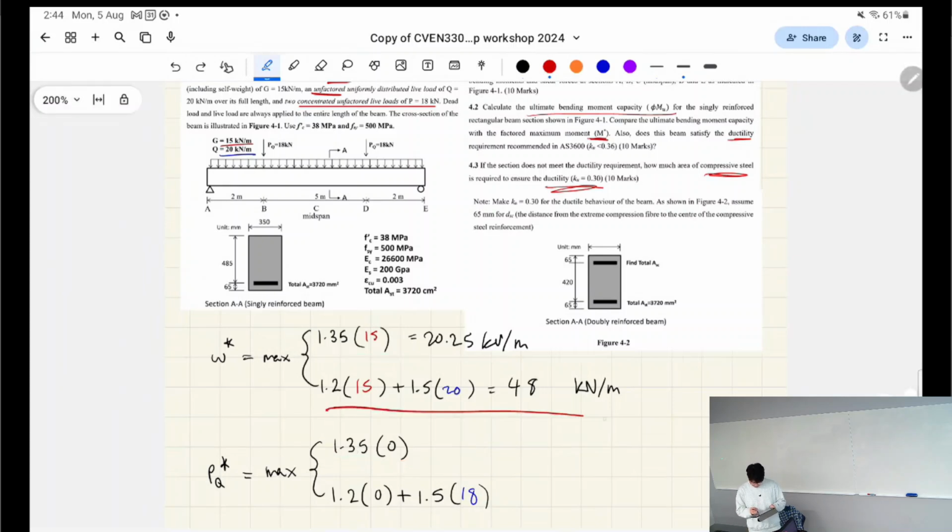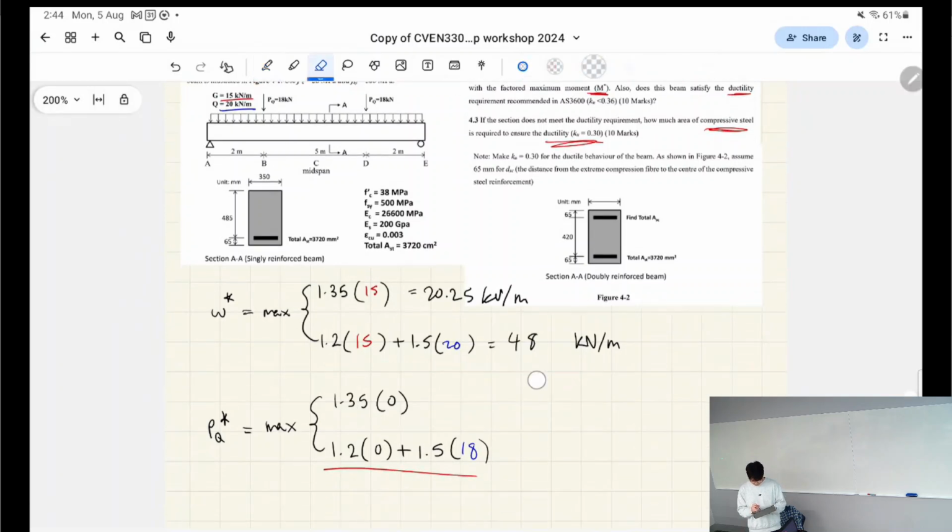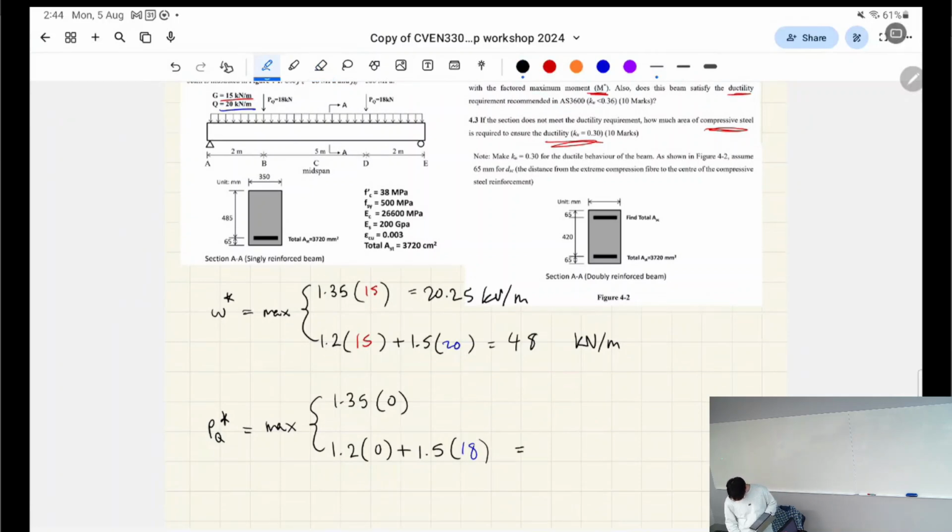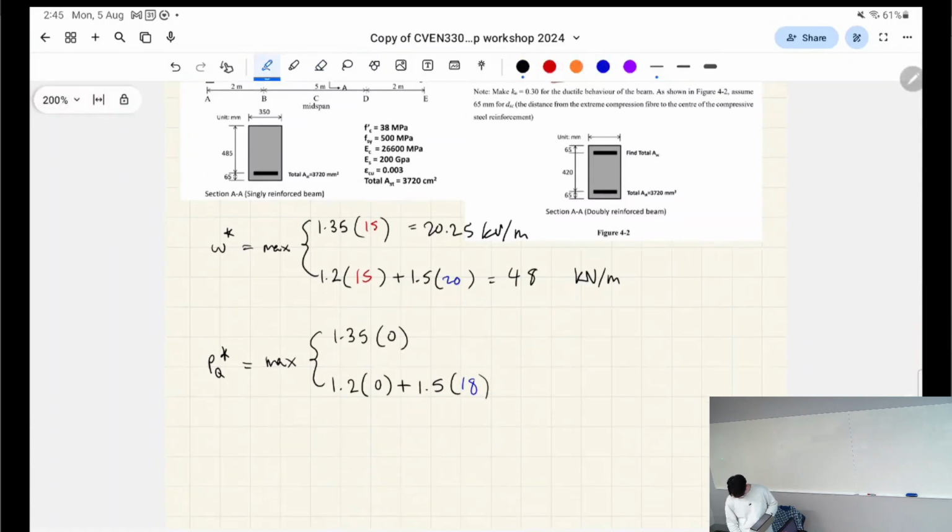But for the case of dead and live loads, it's basically going to take into account both the uniformly distributed load and the point load that's been exaggerated by this factor. Okay, I'm not going to calculate that because I didn't in my calcs here.